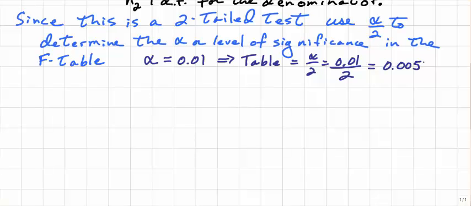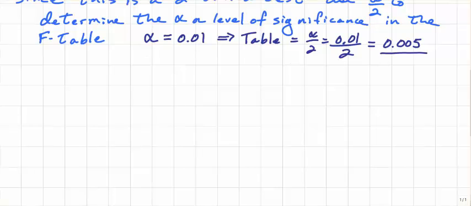So now we need to use the F table that has an alpha of 0.005. Then we need to go ahead and find the degrees of freedom for the numerator and the degrees of freedom for the denominator. And this will be taken from the information that's given.